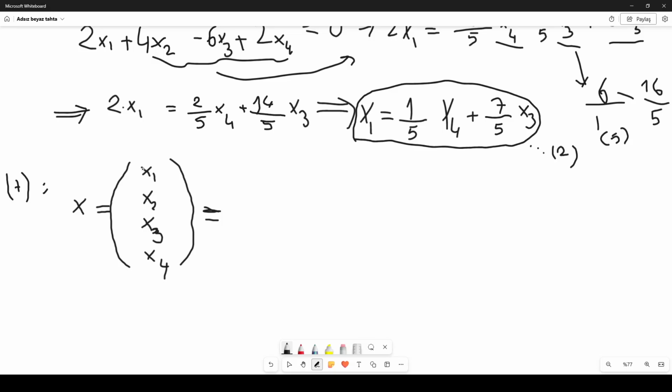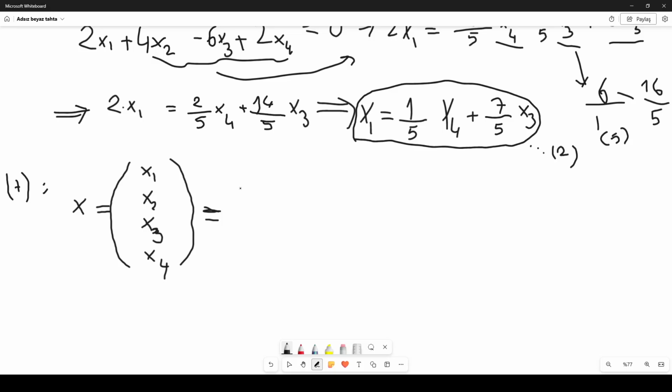And I just changed the way I represent the solution. Why am I doing this? Because it would be more convenient to express this solution as an algebraic sum of the free variables, because we need to form the structure of the general solution. And by saying general solution, I mean this combination, this sum.